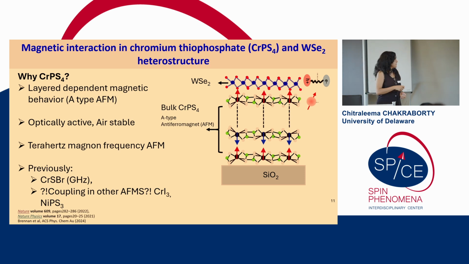there is a very nice perspective article on CrSBr and other A-type antiferromagnets that studies why magnon-based exciton coupling is only seen in this material.